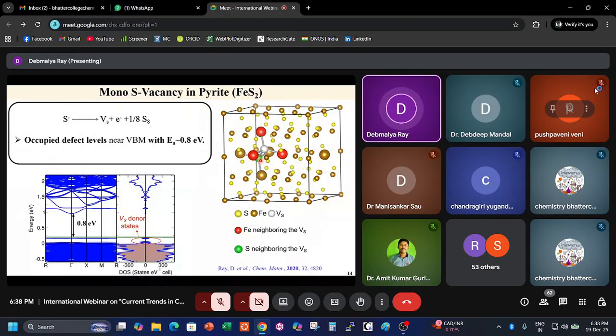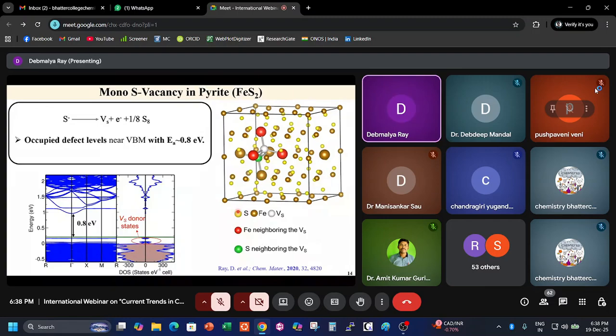Once the vacancy is created, the sulfur atom is left as basically 1/8 of S8, the standard state of sulfur, and that leaves an electron there. So what we are looking at is where this electron is going. Is it going on the iron center, on the neighboring sulfur atom, or is it getting delocalized all over the crystal structure?